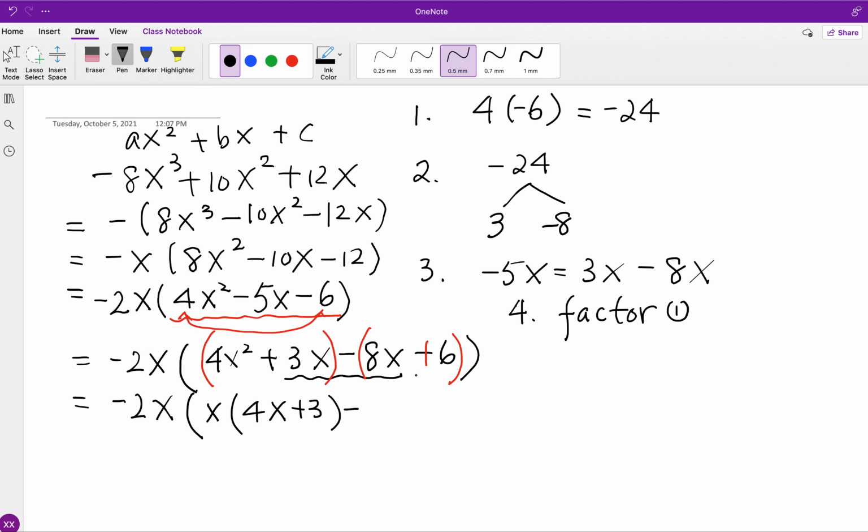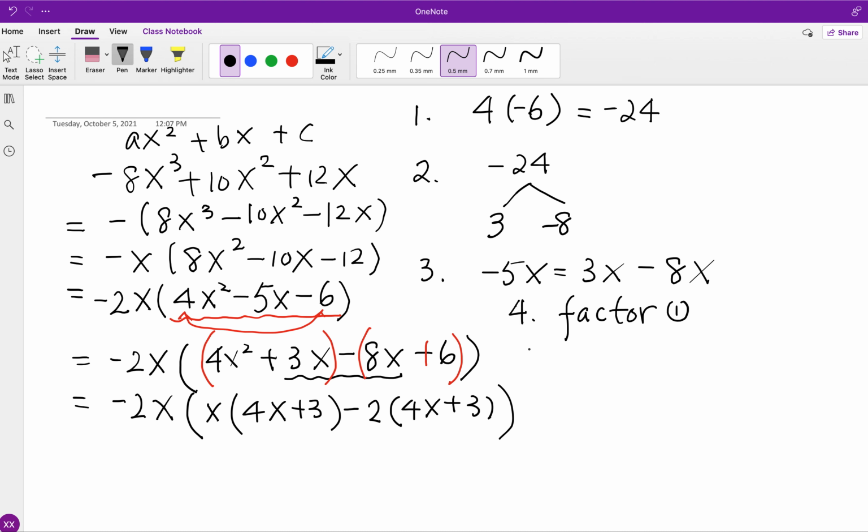Between 8x and 6, the common factor is 2. Take 2 out, and this will have 4x plus 3. By the way, if you factor out correctly, there's guaranteed to be a 4x plus 3 in both. If not, either the sign was not changed or you made a mistake.